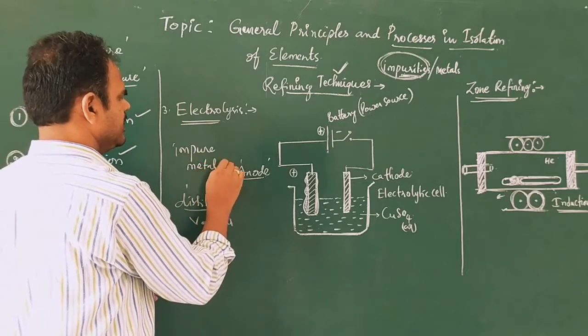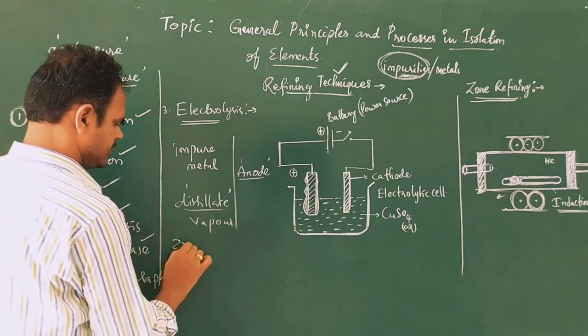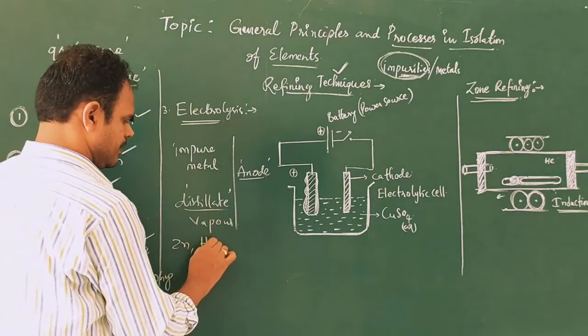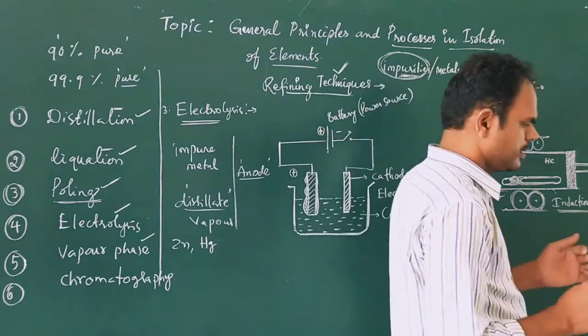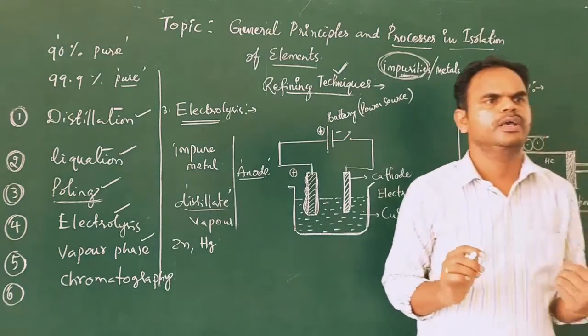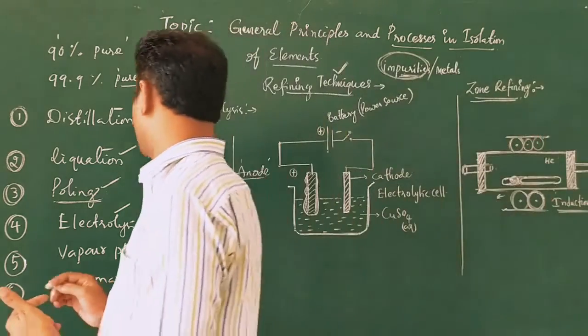Impure metals like zinc and mercury are purified this way. Why only zinc and mercury? Because zinc and mercury have low boiling points.